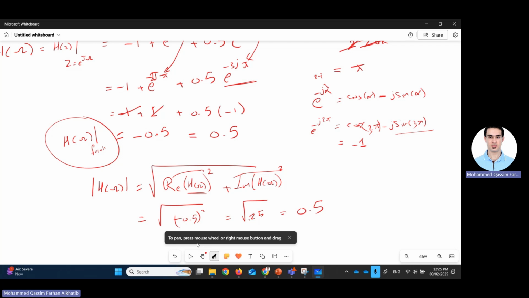Now, what about the phase? The phase angle of H of omega equals tan inverse of imaginary over real of H of omega.